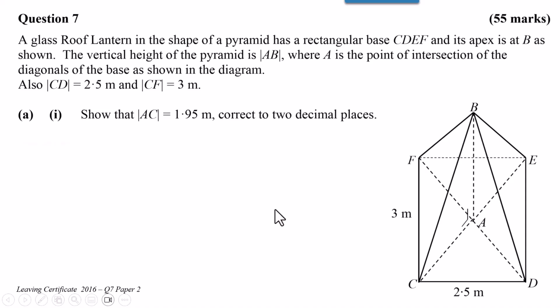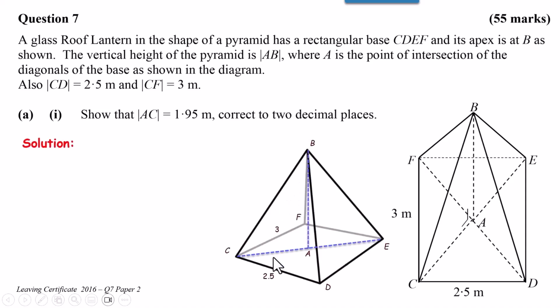So here we have a diagram that shows the pyramid. You can see it has 4 sides, and the sides of the base are 3 and 2.5, and we're trying to get this length AC. So you can see that AC is the diagonal of this triangle at the base. So if we get this distance CE and divide it by 2, we can get the distance AC.